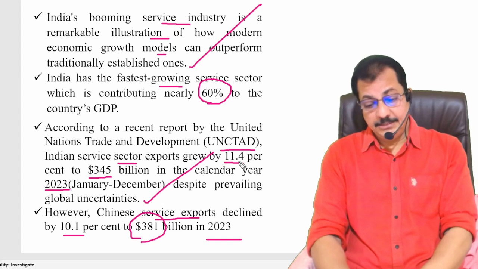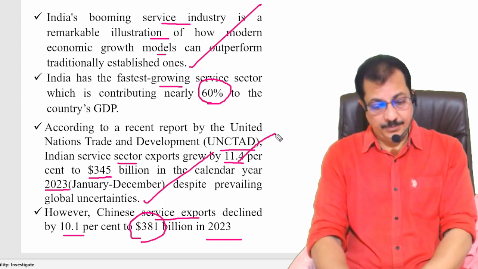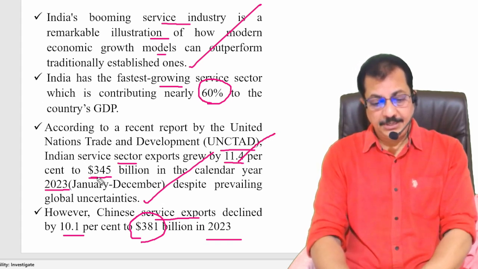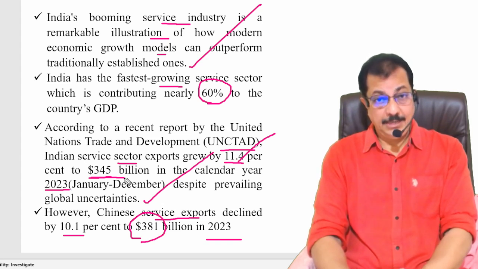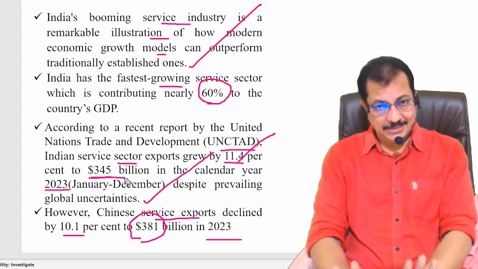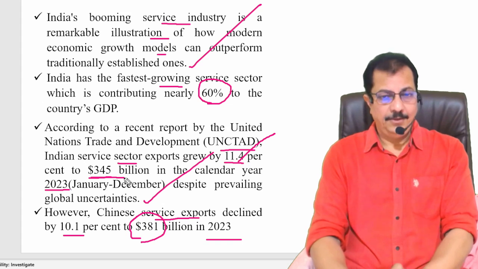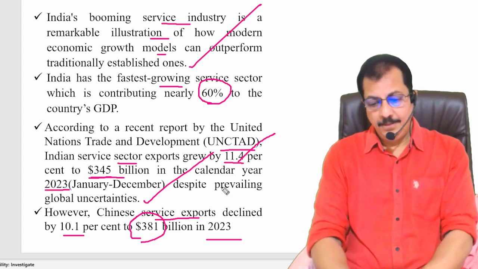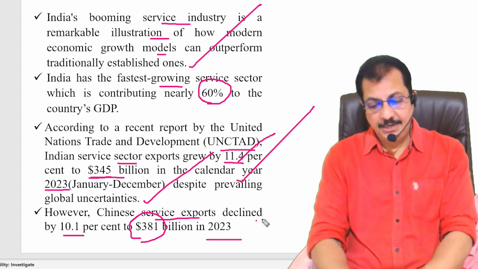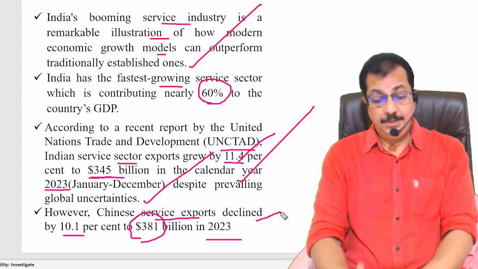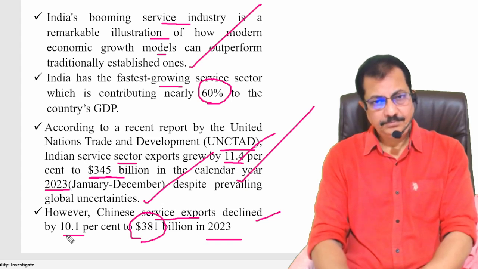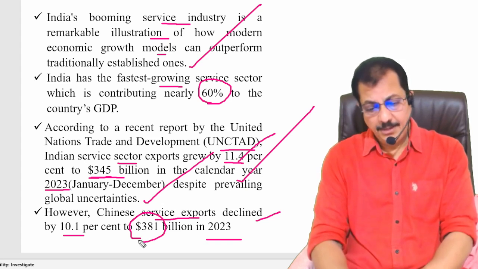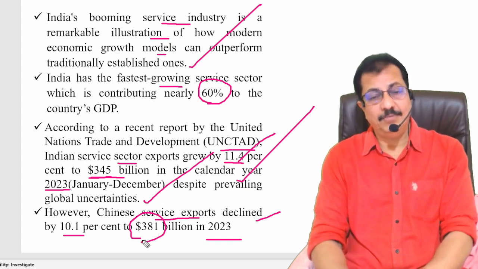After we increased it by 11.4%, we reached $345 billion in the calendar year 2023. When it comes to China, India boomed, whereas in China it has declined. Even after declining by 10.1% in 2023, it made $381 billion.